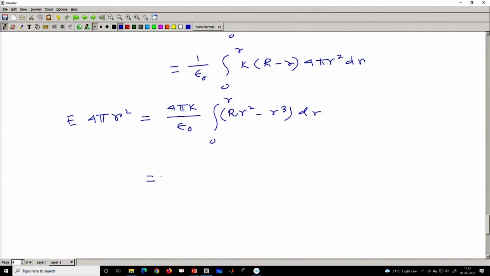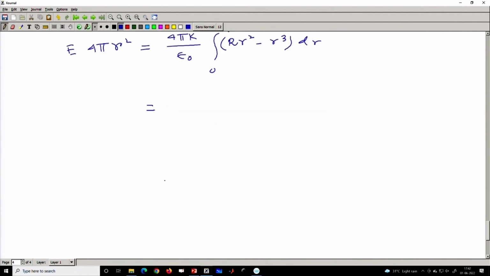So, that quantity I simply find out as 4 pi k divided by epsilon naught, and this is r cubed divided by 3 minus r to the power 4 divided by 4, that is all.